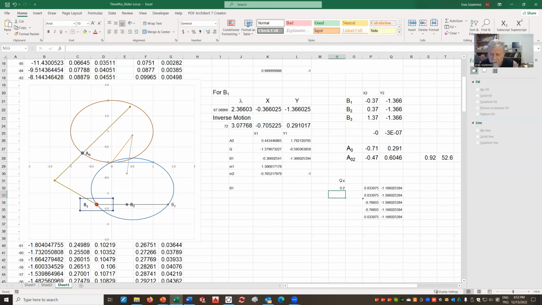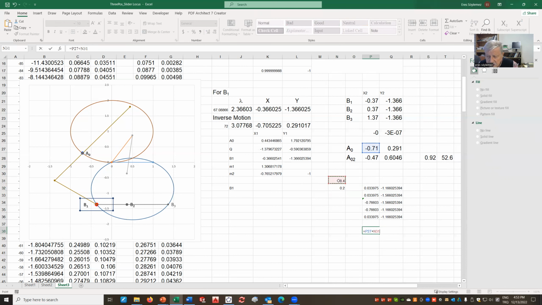It's reasonable. Now for the slider over here, it has to make an angle, gamma, this angle. For that, I will take is equal to A0. I hope I won't make the same mistake.